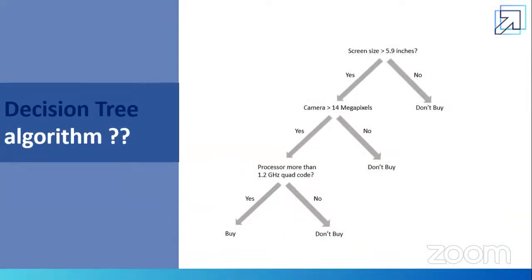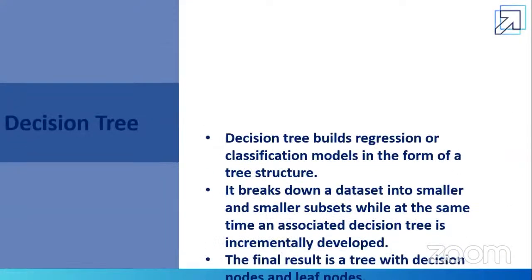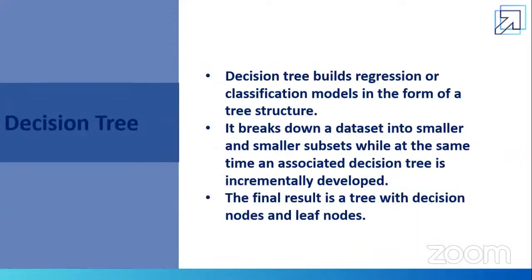Here, I have split my data, and at every step I am making a decision. If this is yes, then go and check the second step. If this is not the case, then we have the decision: do not buy it. So with every node there is a decision associated. This is what a decision tree is.